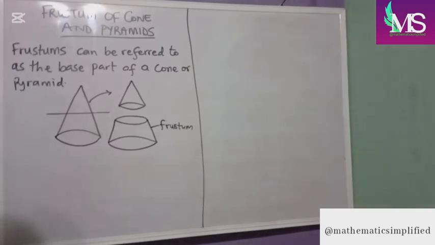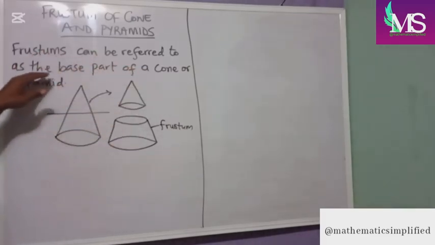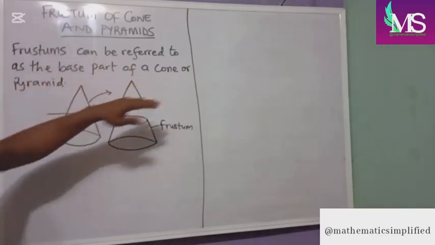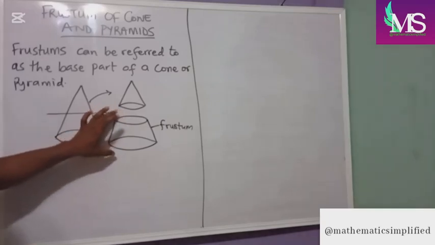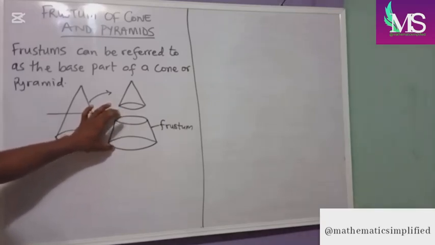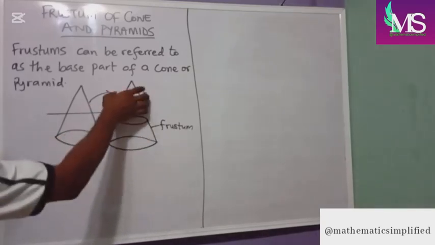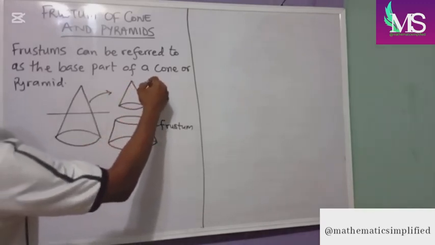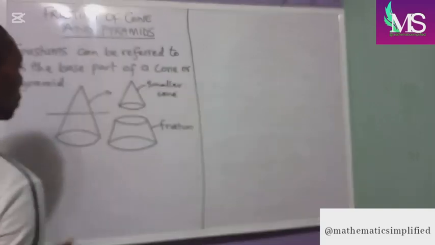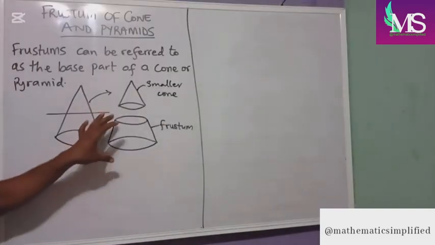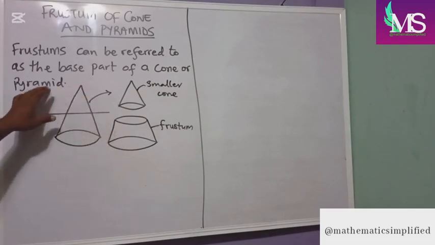So that's why I say a frustum can be referred to as the base part of a cone or pyramid. This cut part is what we refer to as the frustum, while this forms another smaller cone.